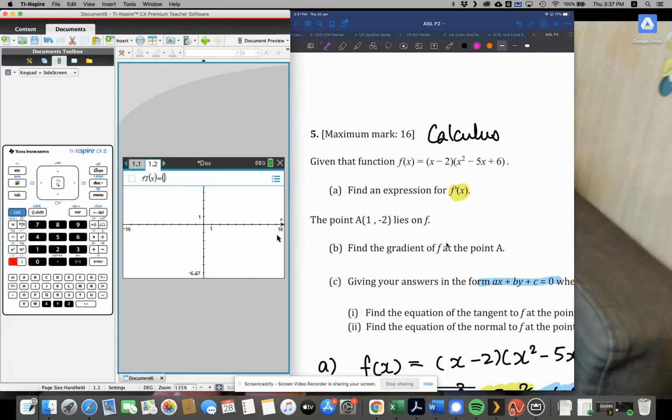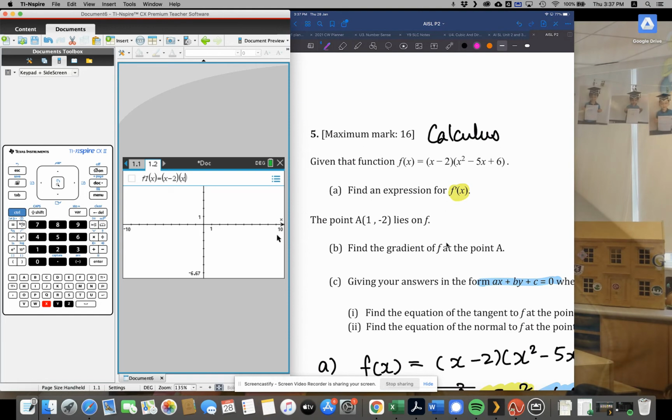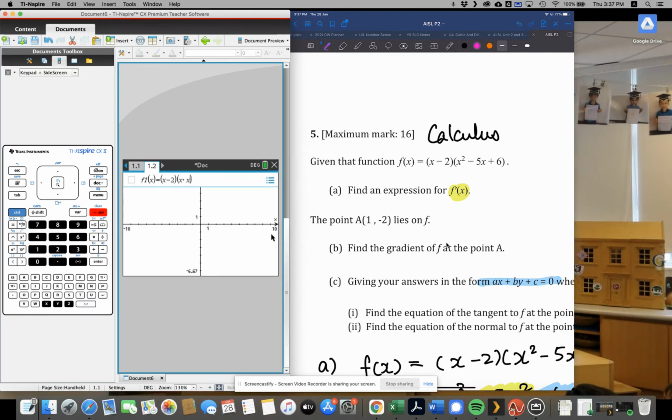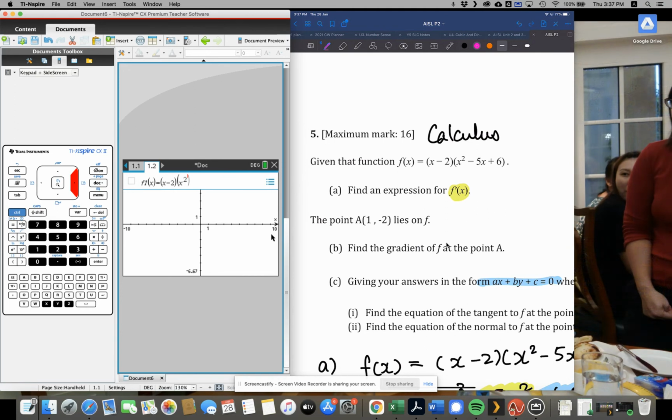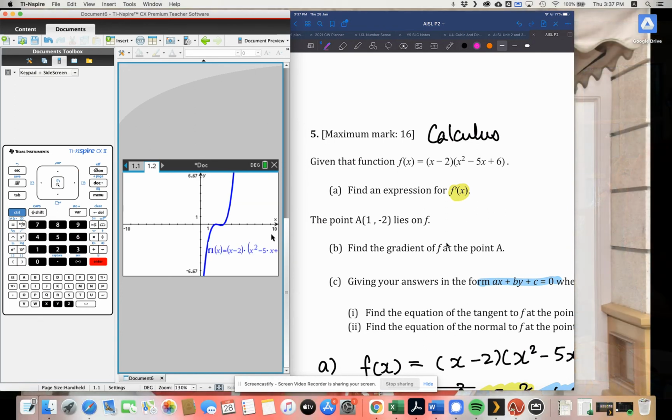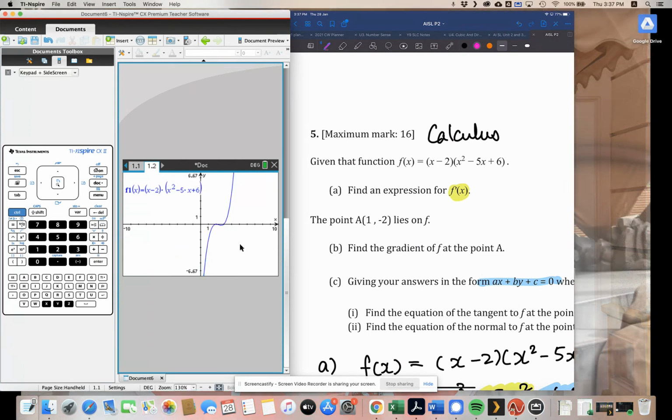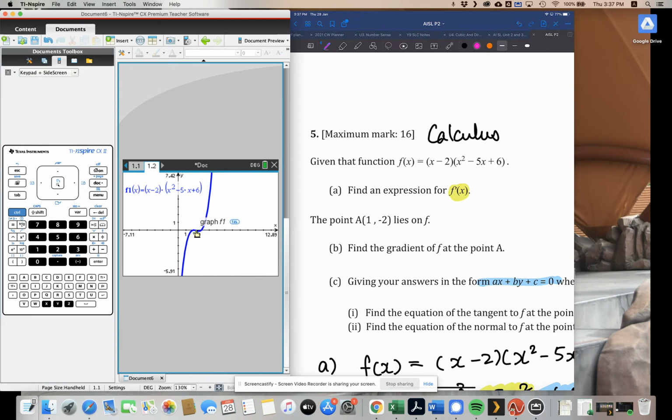So let's do bracket x minus 2, bracket x squared minus 5x. This is what the graph looks like. Now I can barely see that it goes up and down, crossing the x-axis.